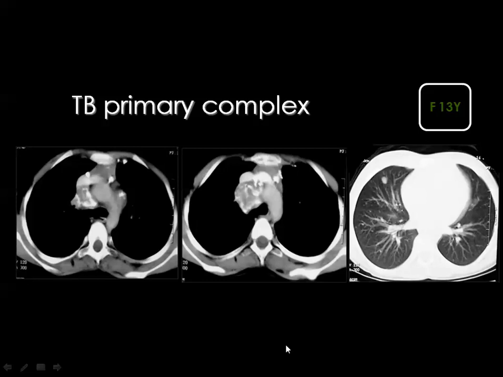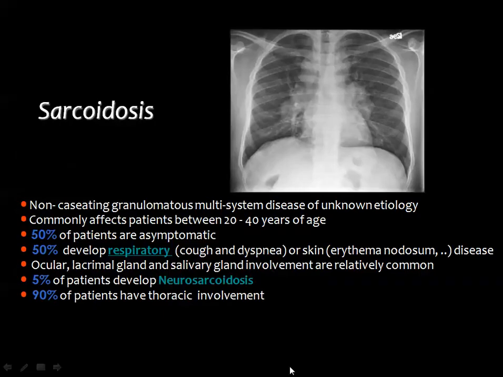Sarcoid is a non-caseating granuloma affecting many systems in the body. The etiology is unknown, and the usual age of sarcoid is between 20 and 40 years. 50% of the patients are usually asymptomatic, and 50% may develop respiratory or skin symptoms, but orbital involvement and salivary gland involvement are frequently seen in the clinical practice.